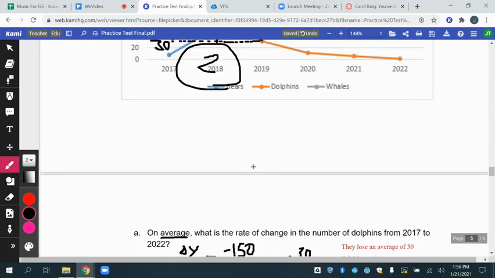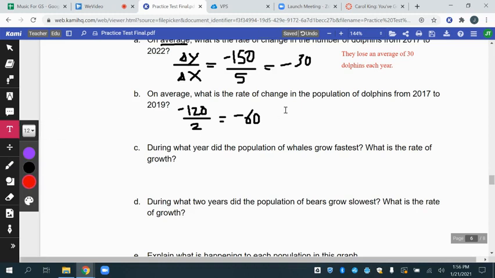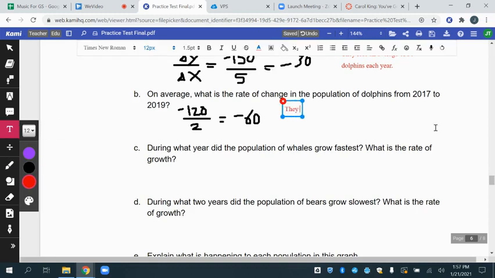Let's use those 2 numbers like we did before. They lost 120 in 2 years, which is minus 60. All right, so what does that mean? They lost 60 dolphins each year, well, on average.